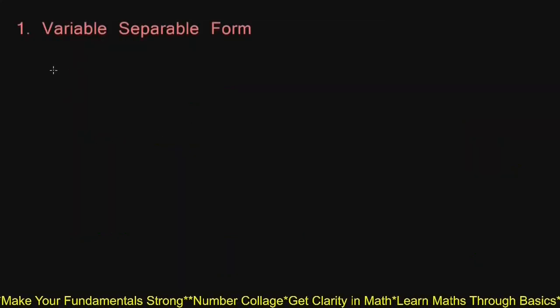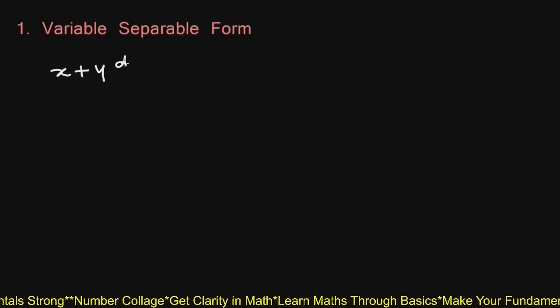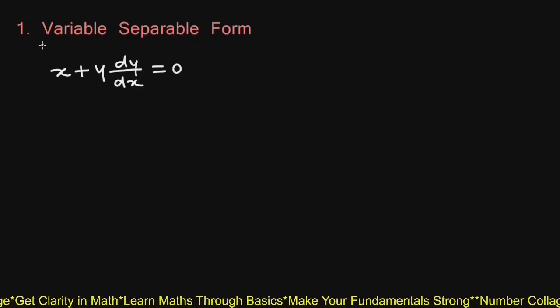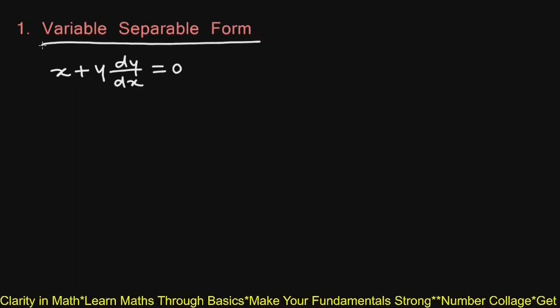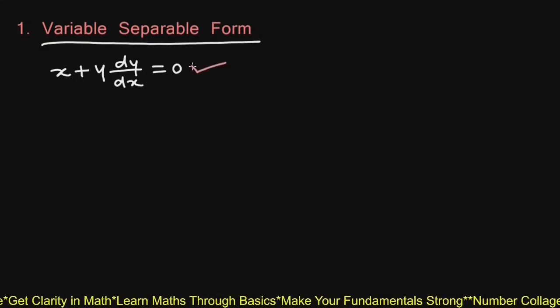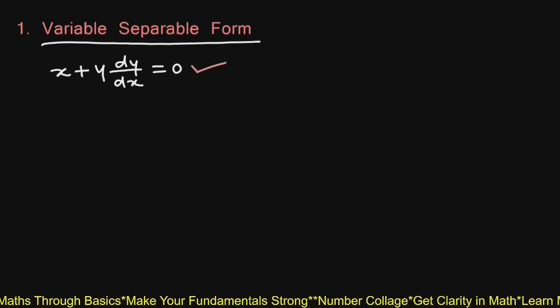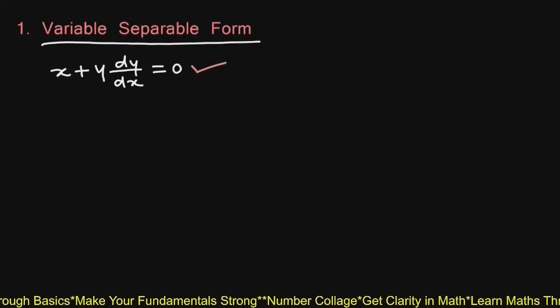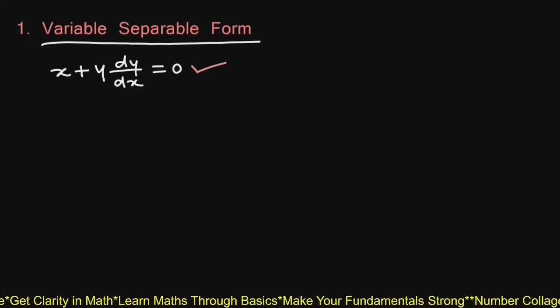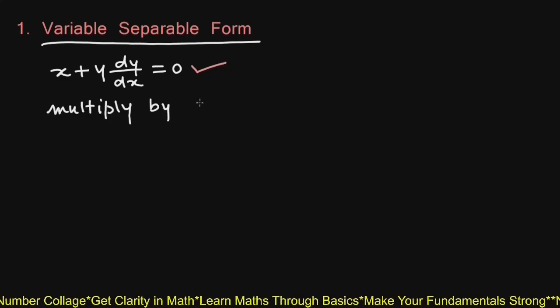We will see how to solve the differential equation x plus y dy by dx equals 0 by this variable separable form. In order to solve this differential equation, we have to integrate it, but we cannot integrate as it is. For that, we first have to separate the variables. Now how this is done, let us see. First, we will multiply throughout by dx.